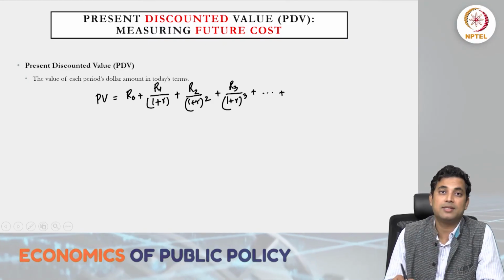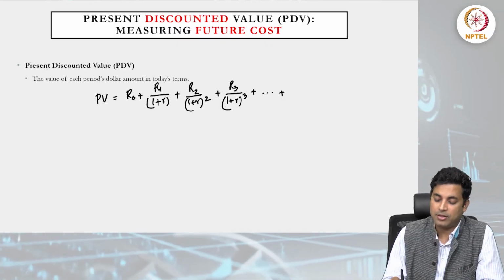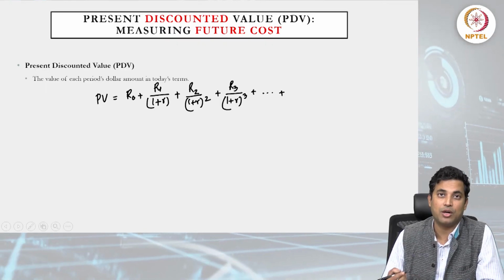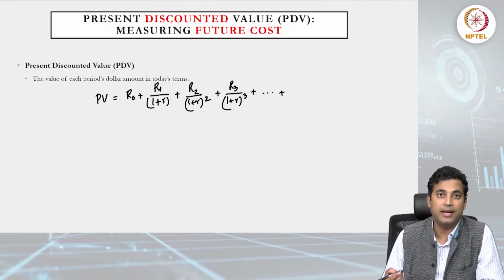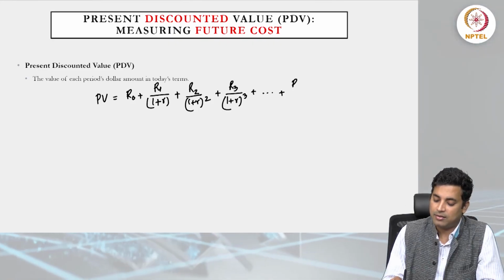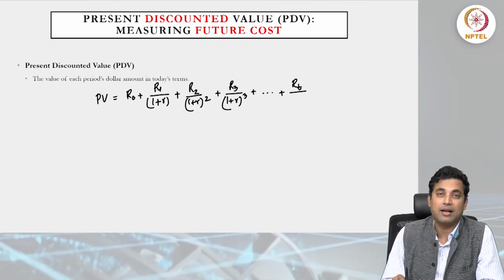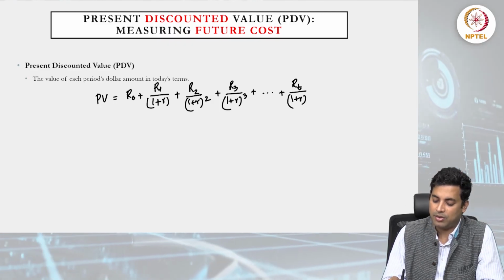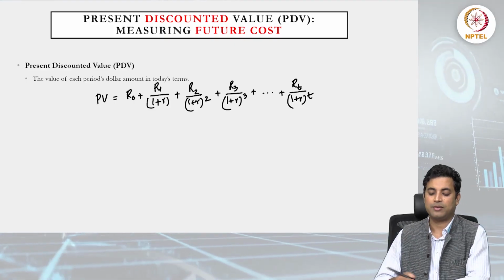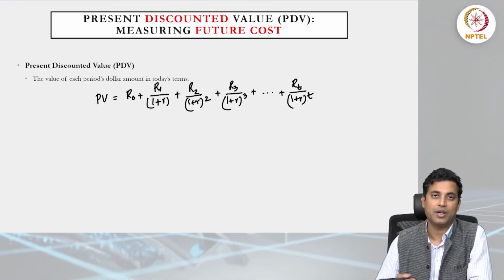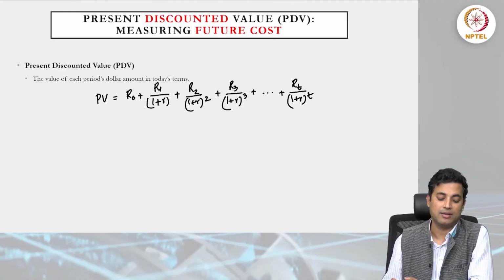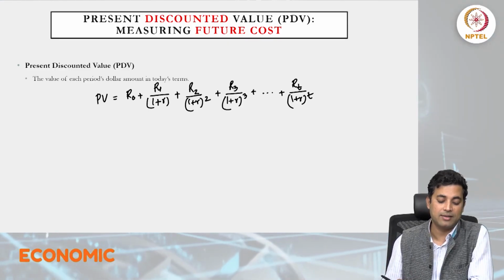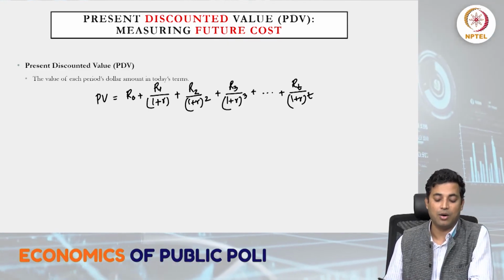Likewise, if T is the time for which you are keeping that $1,000 or rupees, then you will get the return RT divided by 1 plus R to the power T. So this is the present discounted value, how we calculate.